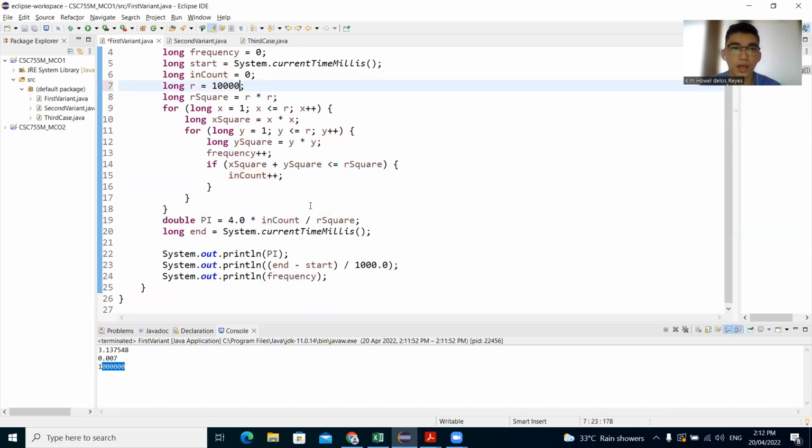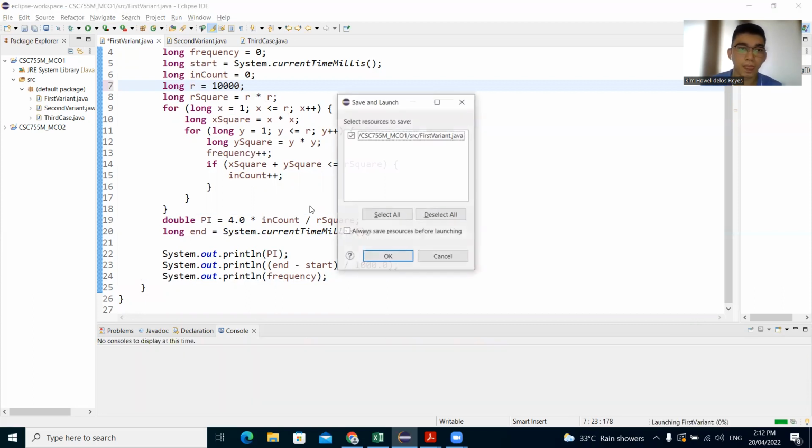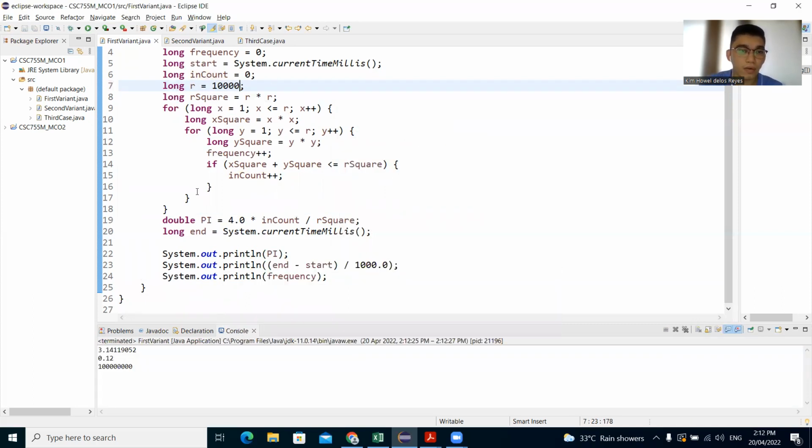Okay, so let's make r equal 10,000. Let's just skip the value of r equals 5,000. So here we'll have 3.14119. This is much closer compared to the value of pi calculated when r is just equal to 1,000. Meaning there are more x and y ordered pairs located inside the shaded region.